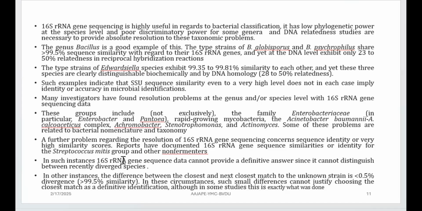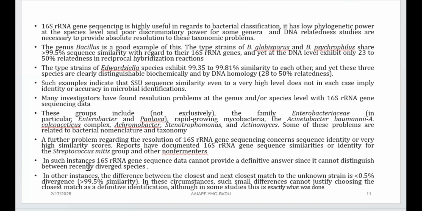If two species are recently diverged, you won't be able to separate them on the basis of 16S rRNA, because we are trying to match highly conserved regions, and there is variability only in specific regions, but that variability may not be analyzable if the species have diverged recently.